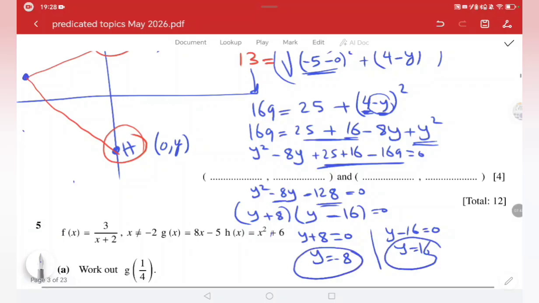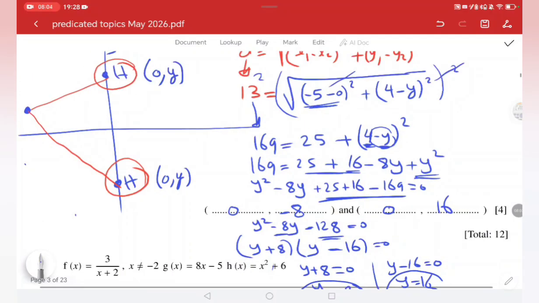So now this is 0, 8, and 0 minus 8, and here 0 and 16. So these are the two possible answers. This one could be here negative 8, and this one could be 16.